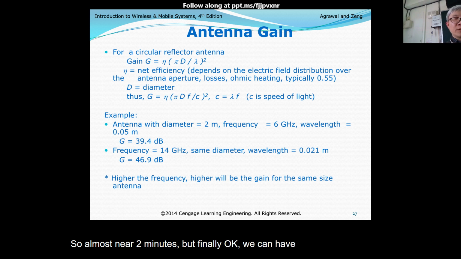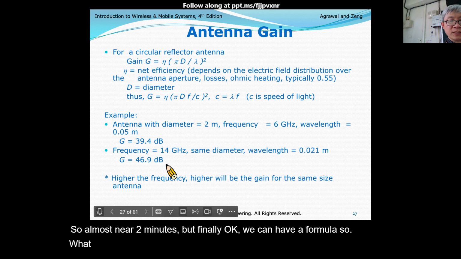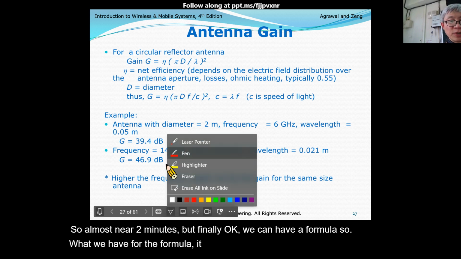Why do we have the formula? It doesn't mean we should check this in depth, but at least we have the formula.